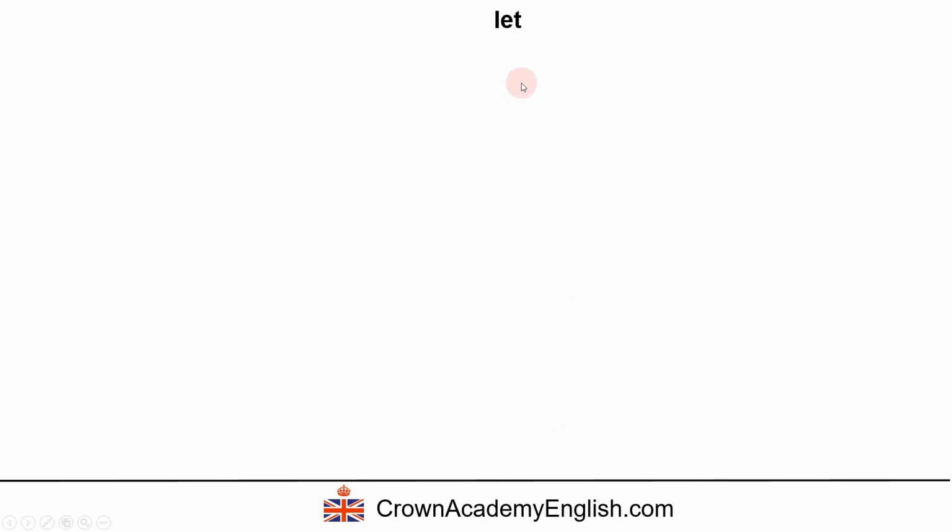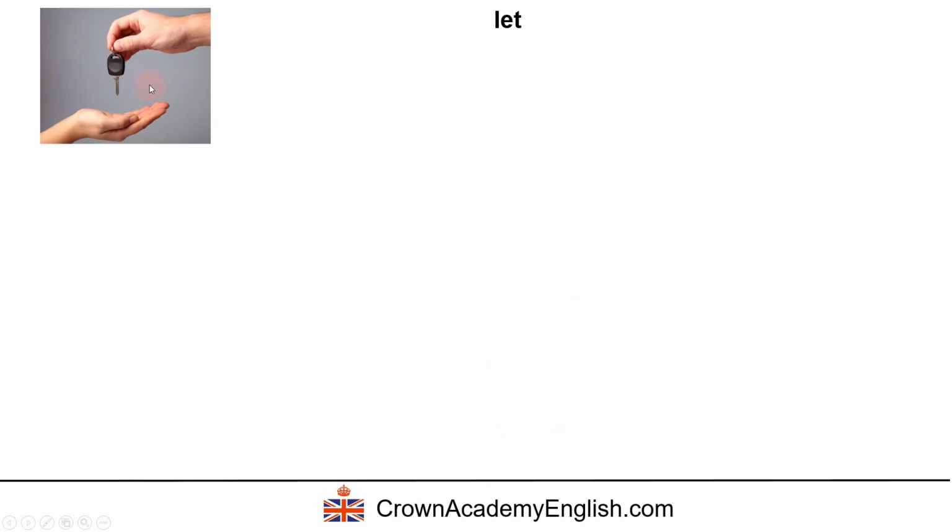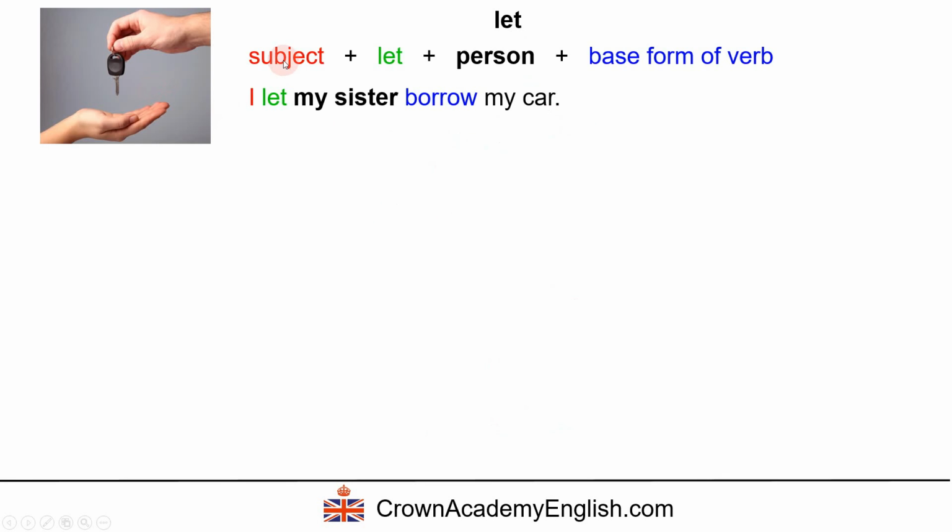So let's continue with the verb let. And the past form of let is also let. I let my sister borrow my car. So the form is subject, let, person, and then the base form of the verb, borrow. And this means give someone permission to do something.